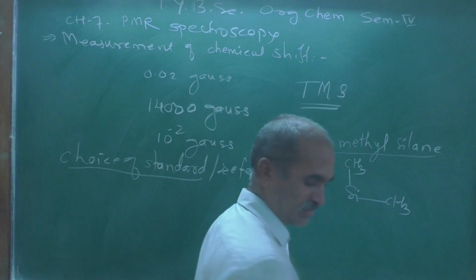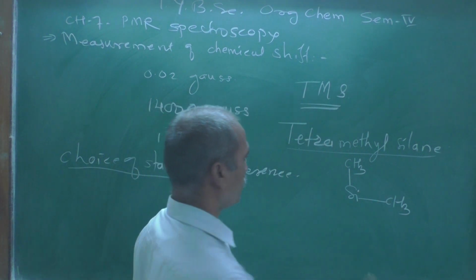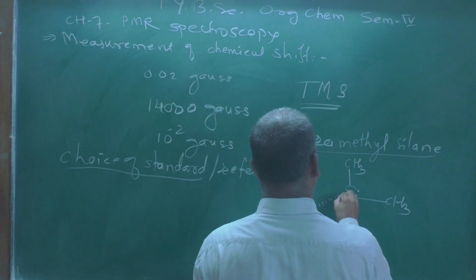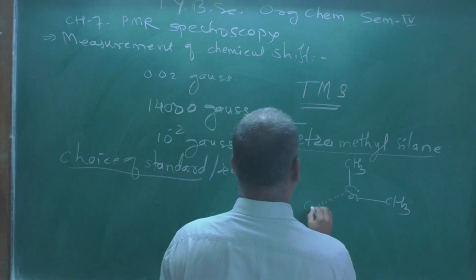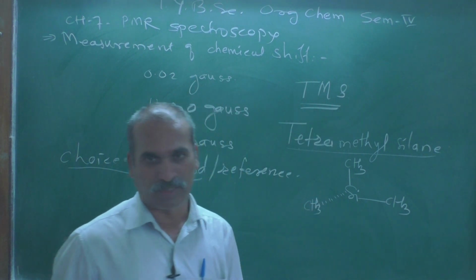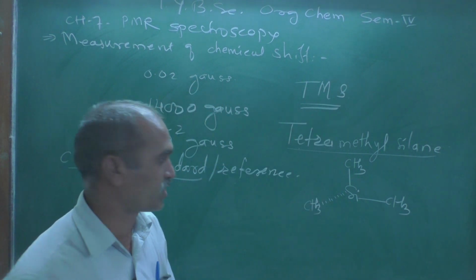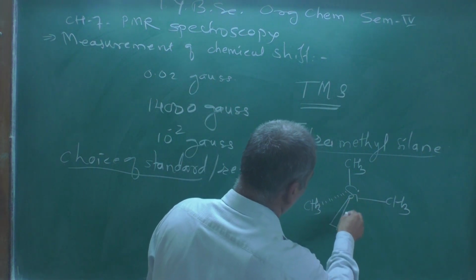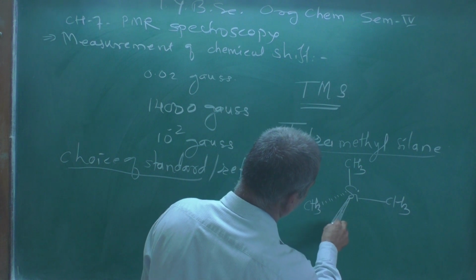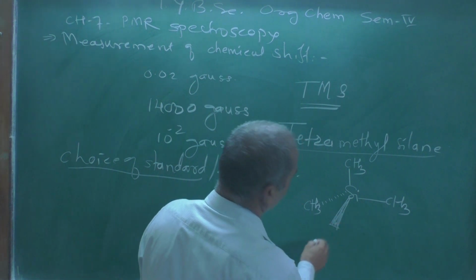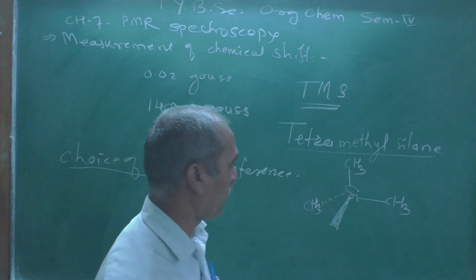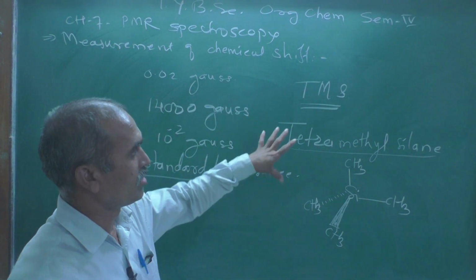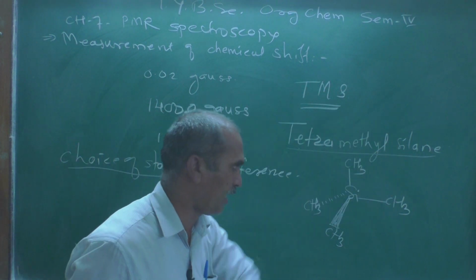Another group goes away from the observer, and it is shown by a dotted line, and one bond is projecting above the plane, and this is the actual structure of tetramethylsilane.